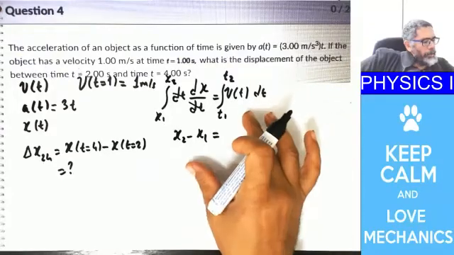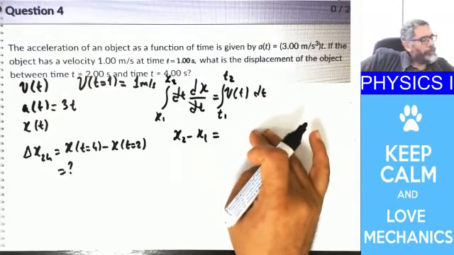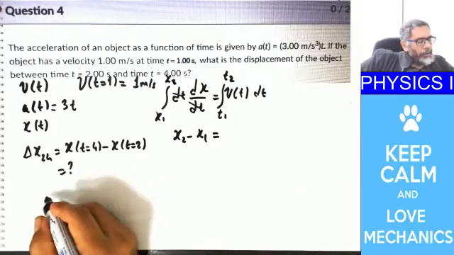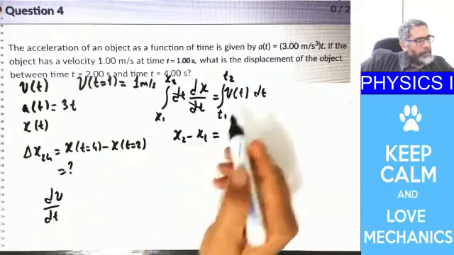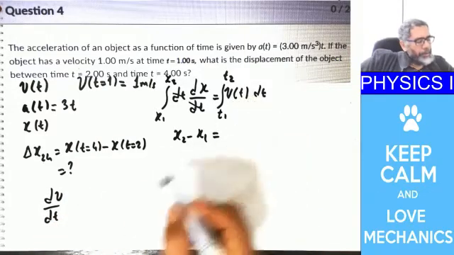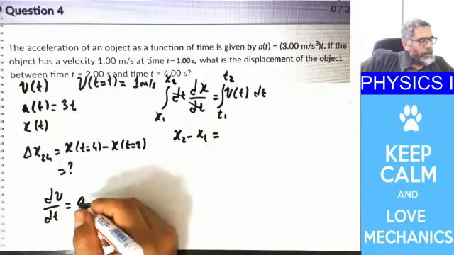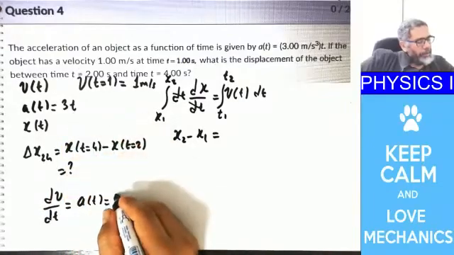Okay, so wait for this portion of the equality for a while and come over here. We know also that dv over dt, the time derivative of this velocity function, is nothing but a, the acceleration, and acceleration is given as a function of time, and this is 3t.